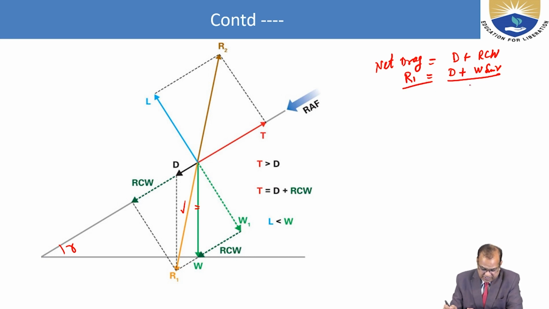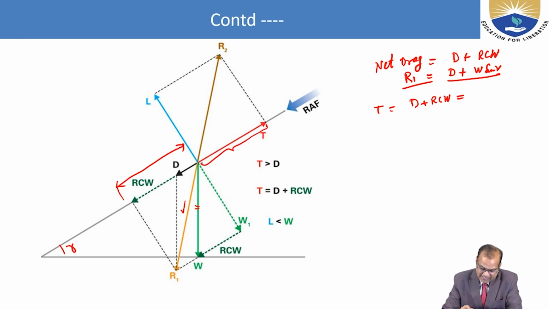Now, to counter this, we need to have thrust equal to D plus RCW, and this line here is your thrust.